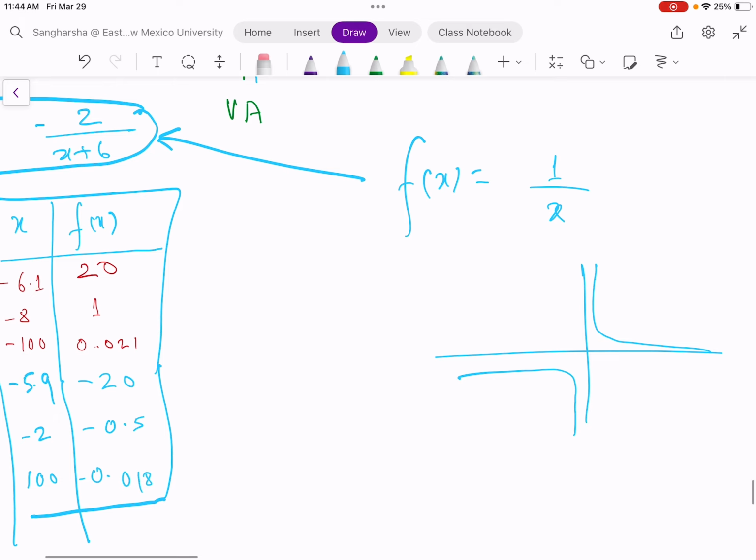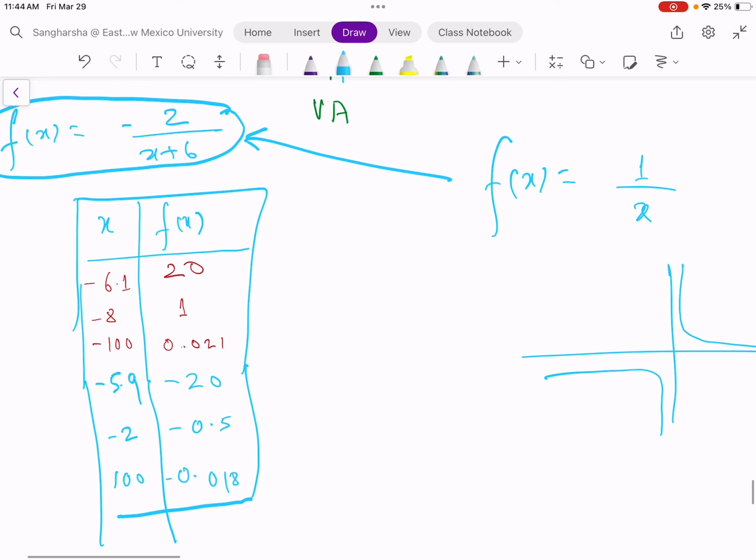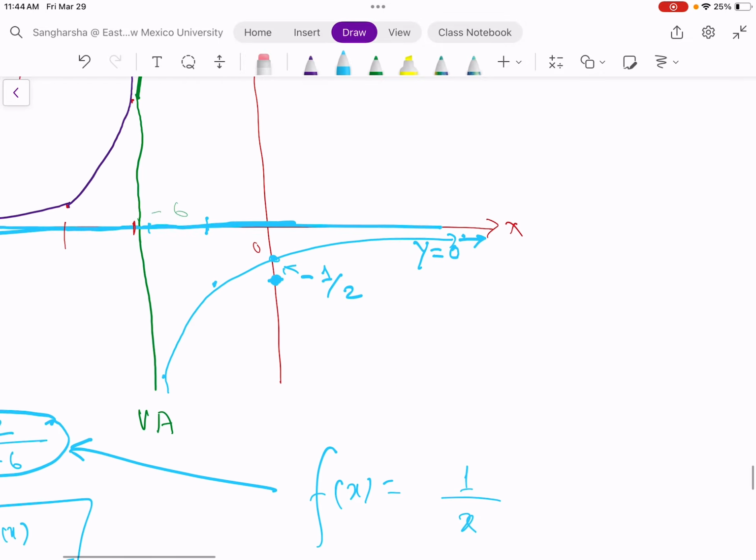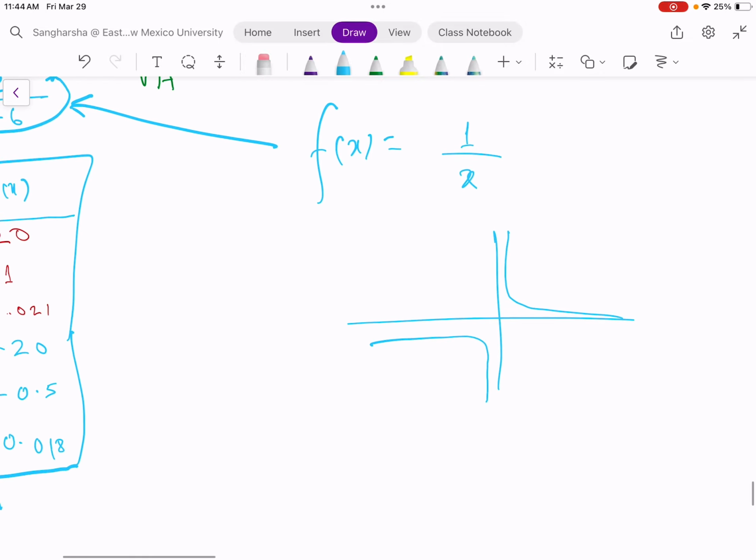Okay, now maybe, okay, it should be on the other side, yeah. So this is the graph of the basic function, this is on the other side. So our graph is this. Oh no, I was supposed to draw this way. So this is the graph for this basic function.